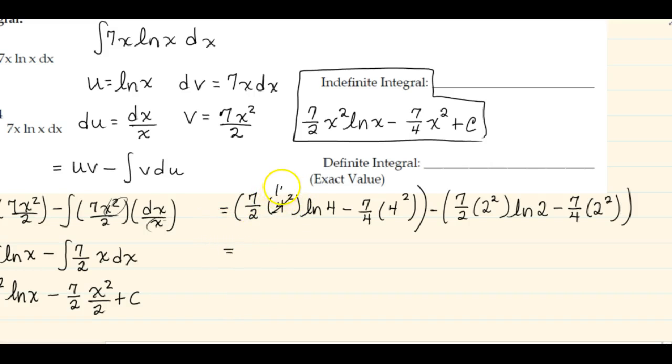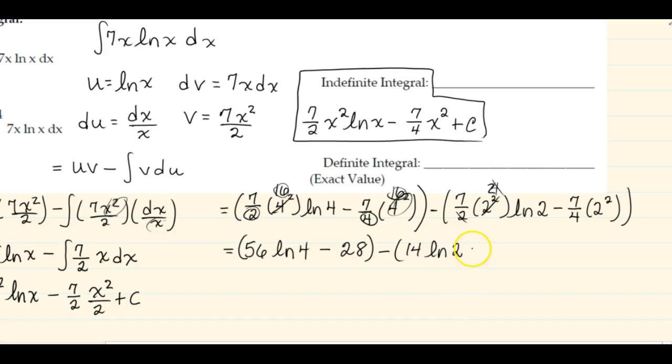So now we're just going to simplify these values. So this becomes 16. And then I can reduce it by 2, so I get 56 natural log of 4, minus this is 16, reduce that, I get 28. Minus, I do the same thing on this side, this becomes a 4, I can reduce that, and I get 14 natural log of 2, minus this is 4, goes out with that one.